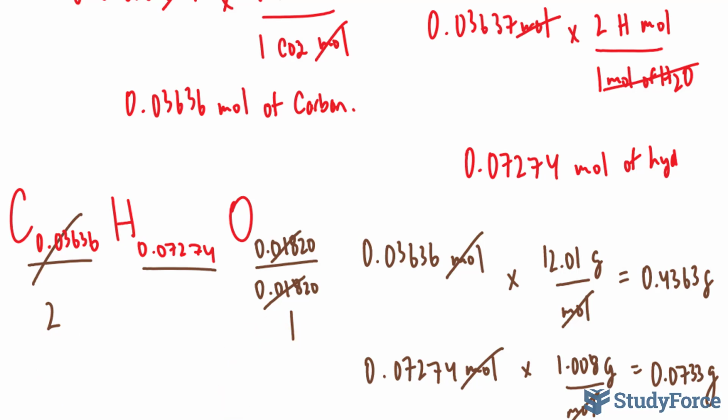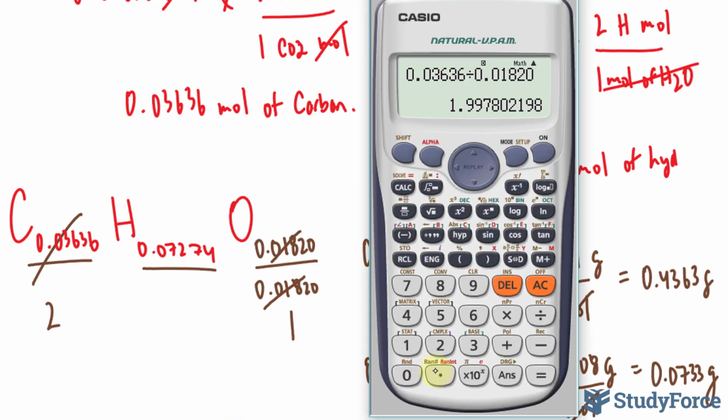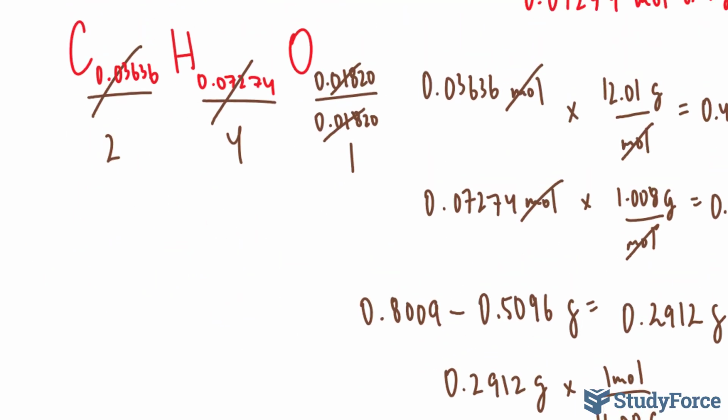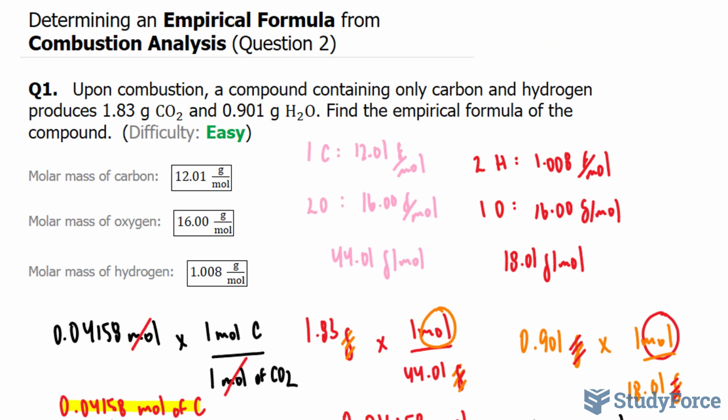Now let's find out the amount of hydrogen. 0.07274 divided by 0.01820, and that gives me approximately 4. So our empirical formula for this fuel is C2H4O. And there you have it. That is how to determine an empirical formula from combustion analysis.